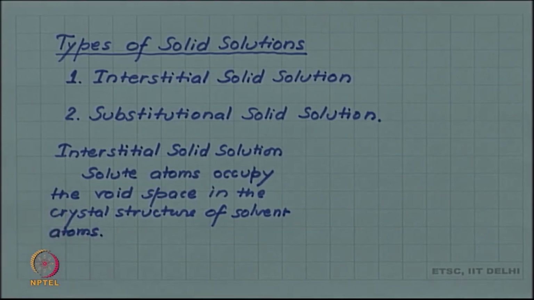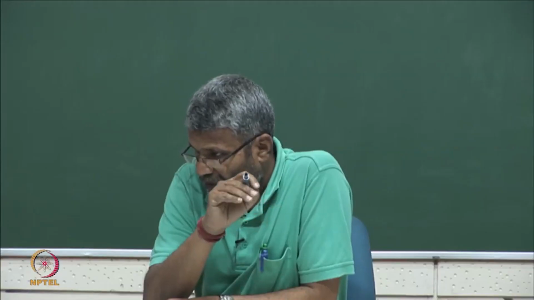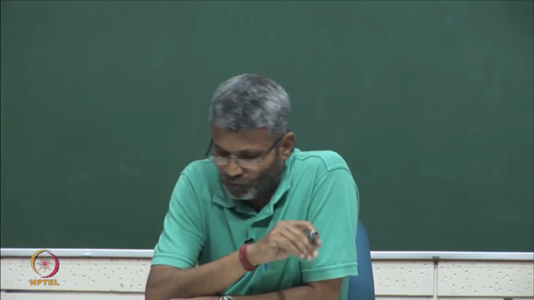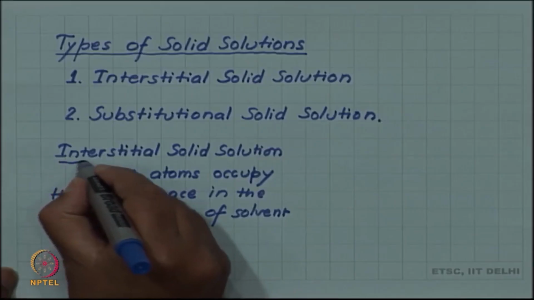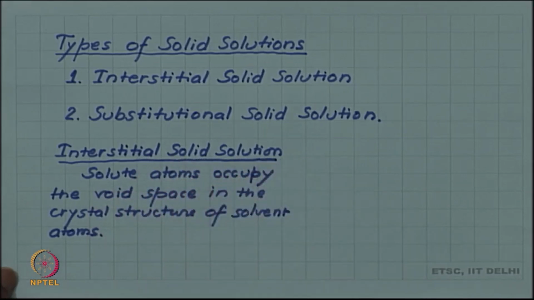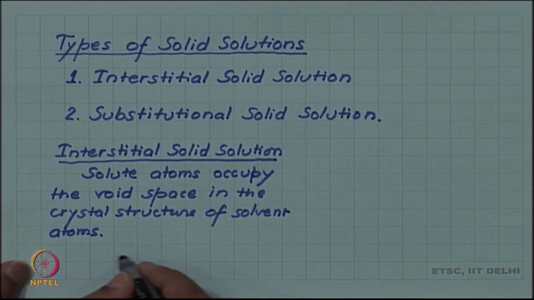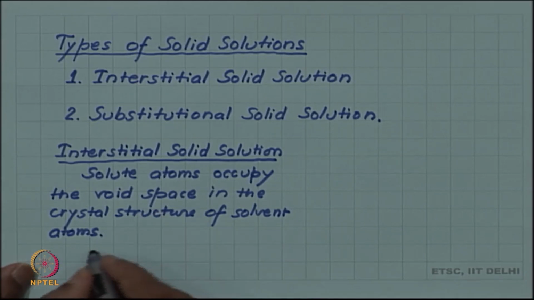We have seen that in cubic close packed structure, for example, you have kinds of void, tetrahedral void or octahedral void. A solvent atom can have a crystal structure like that, and solute atoms can go and sit in these voids. If it does that, what you have is an interstitial solid solution. And from our example which we gave just now, austenite is an example of interstitial solid solution.